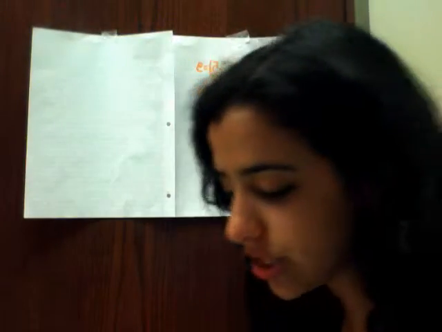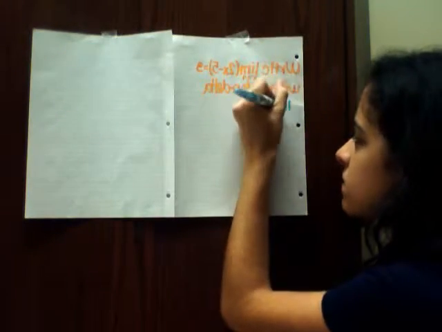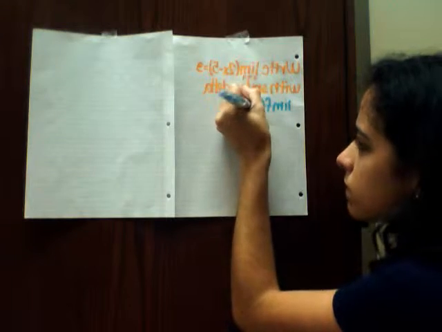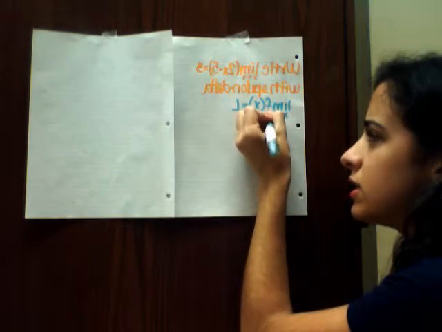And the formal definition of epsilon delta states that the limit of f of x equals L as x tends to a.